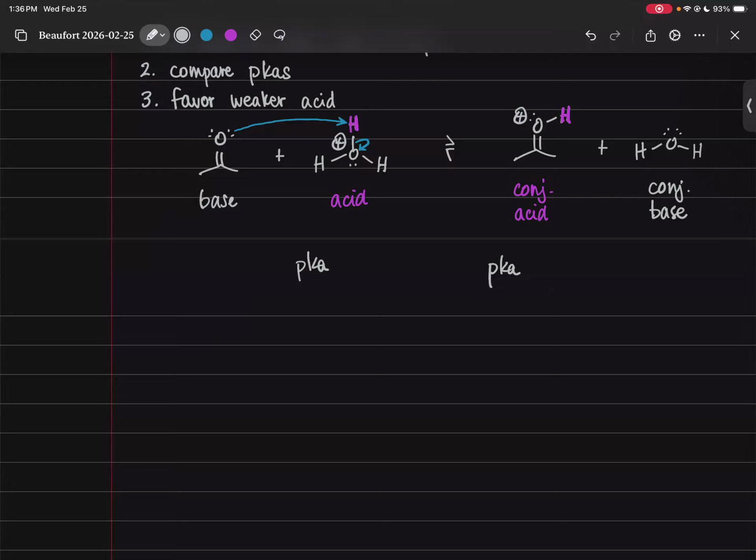H3O plus, what's the pKa of that? -1.74. Yep. And the protonated acetone? Minus 7.3.